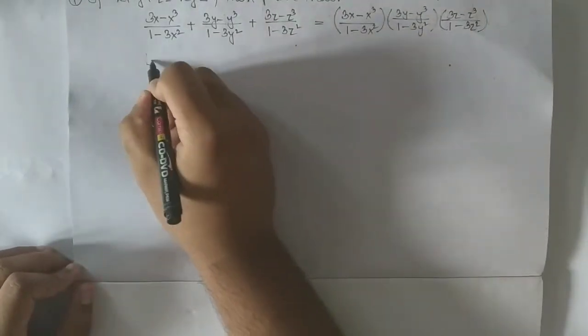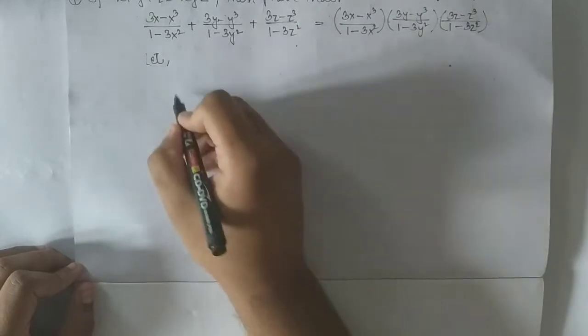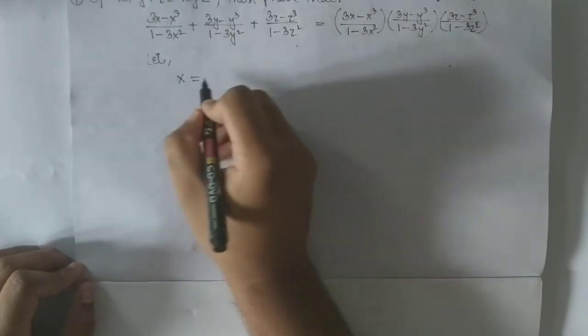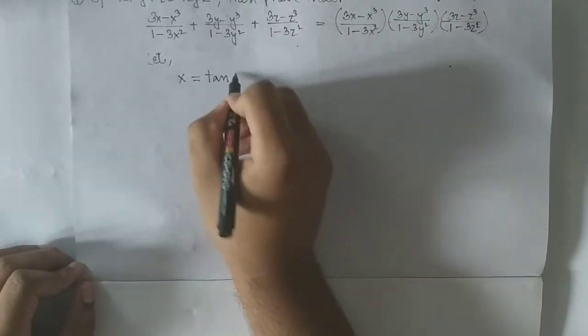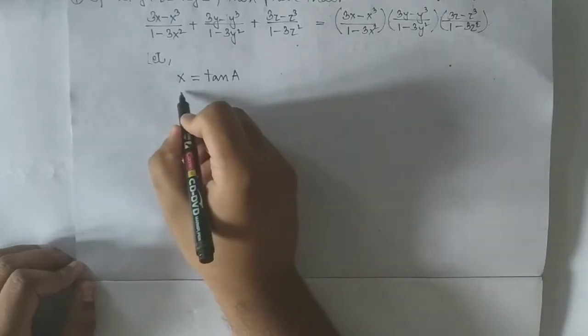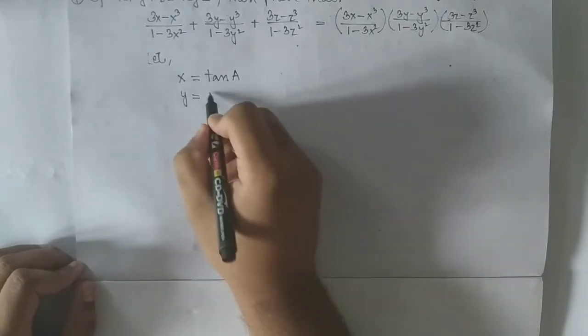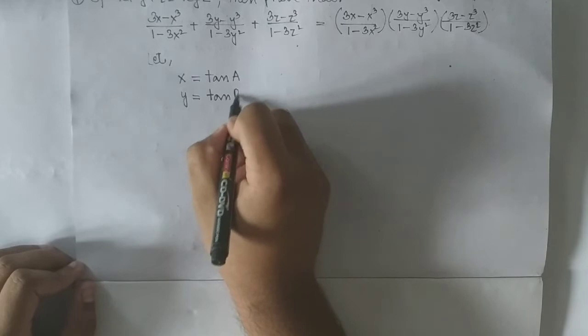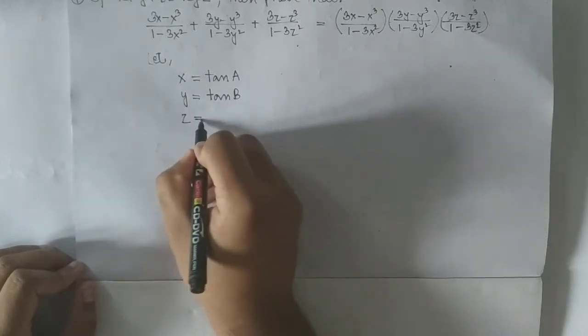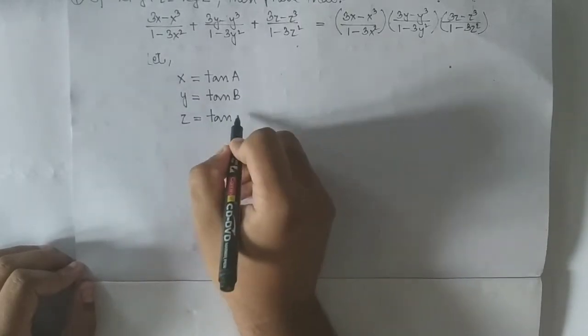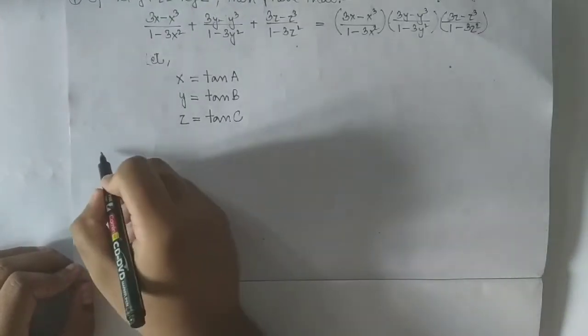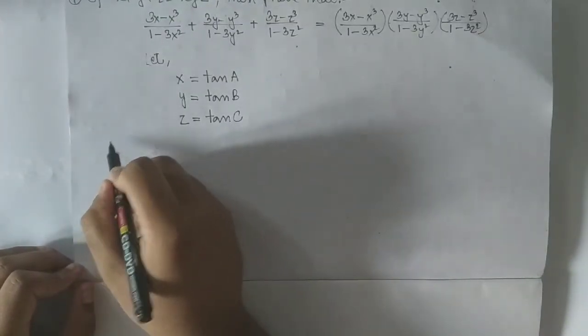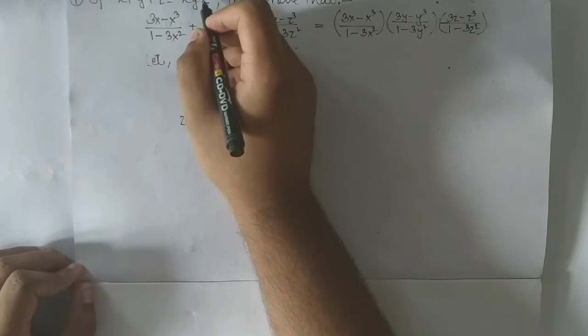So at first I am going to take x as tan of some angle A, y is equal to tan of some angle B, and z is equal to tan of some angle C. Now let me see the first condition.